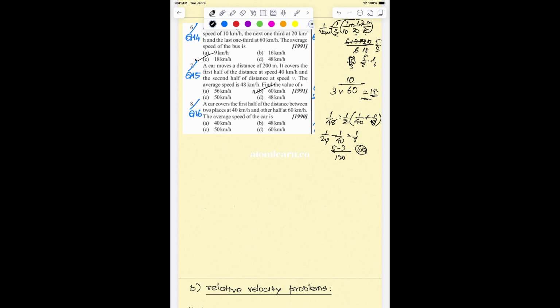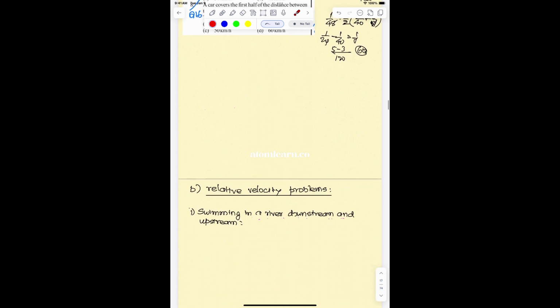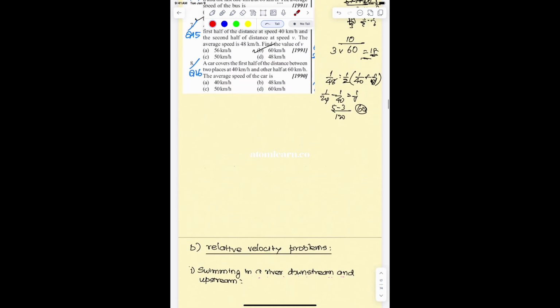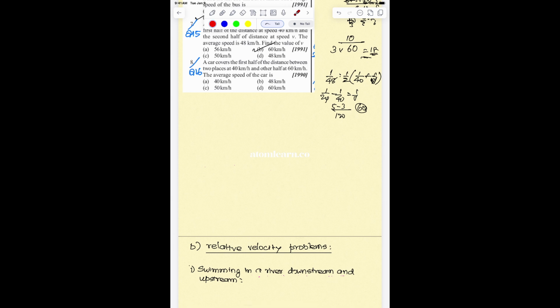Now go to your last question, 8. A car covers the first half of the distance between two places at 40 and the second half at 60. The average speed should be nothing but 48, because the previous problem is reproduced. Now we have solved several examples on average velocity.